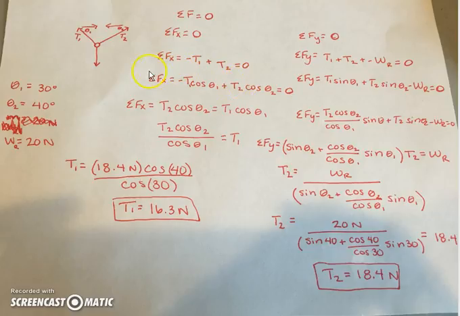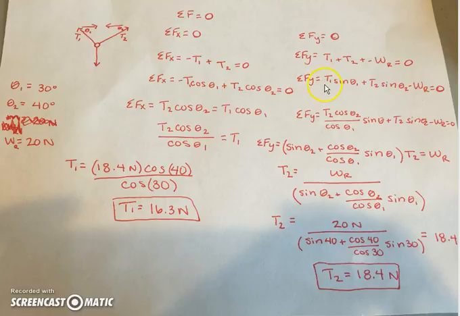So then for the sum of F in x, we need the x component of each angle, and the x component of each angle is cosine. So we put the cosine here and here: cosine of angle 1 with string 1 and cosine of angle 2 with string 2. That's equal to 0.